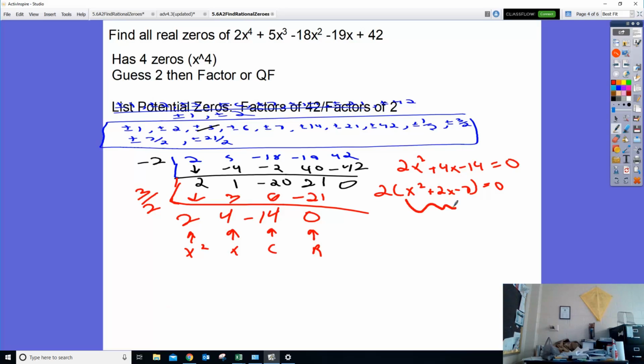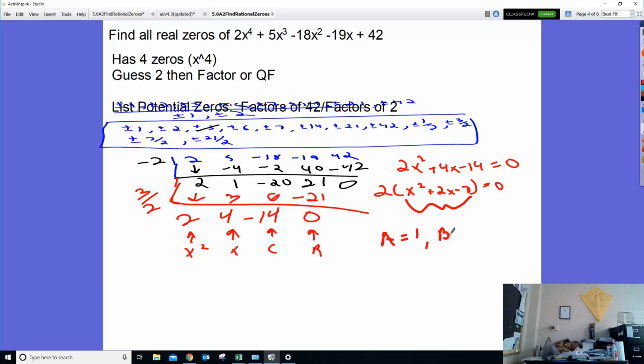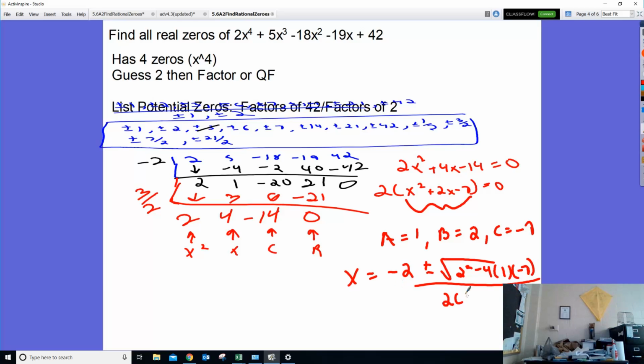Anyways, let's do the quadratic formula here. What's A? A is 1. What's B? 2. Let's C. 7. I'm using the smaller numbers. So x would be opposite B, -2, plus or minus the square root of 2 squared minus 4 times 1 times -7, all sitting over twice a what? 1.